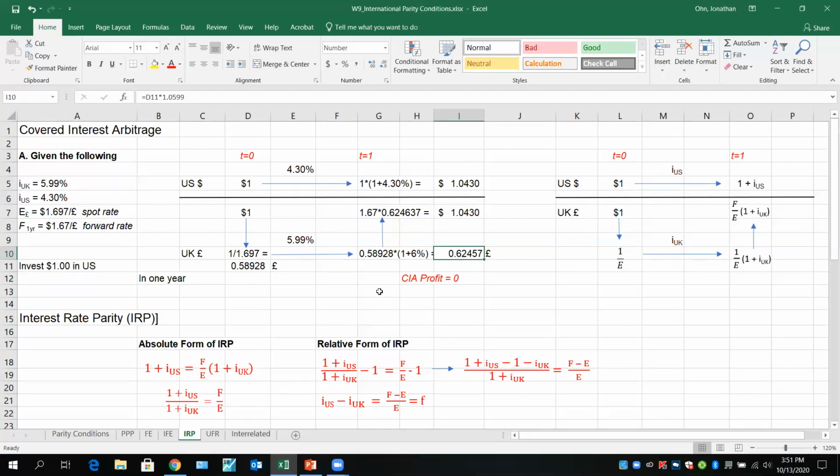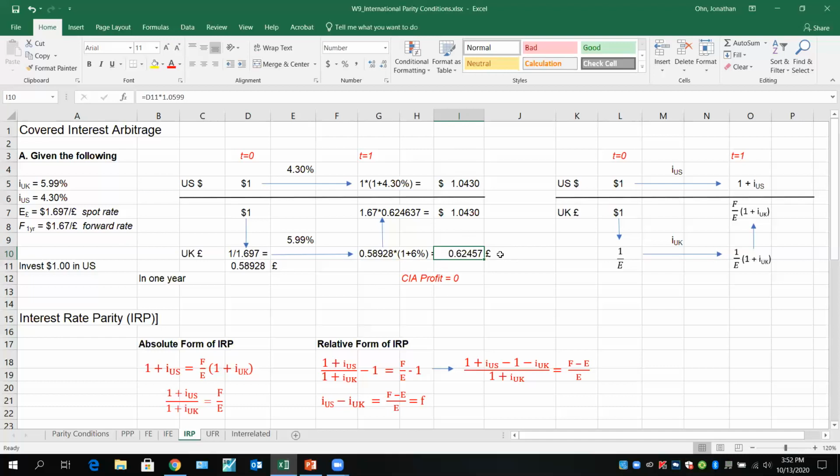This one is a certain outcome, but this one is in British pounds, and this one is US dollars in 1 year. You cannot compare these two. So this one is uncertain, right?